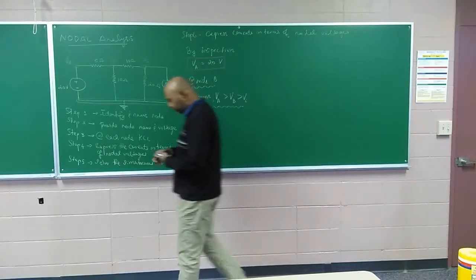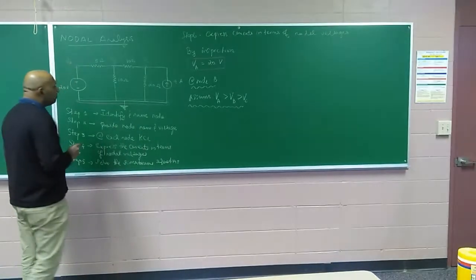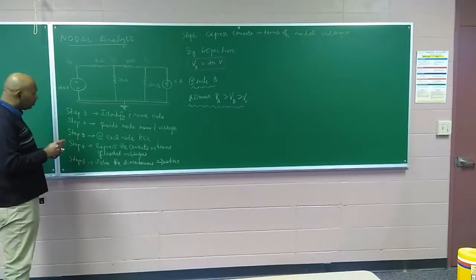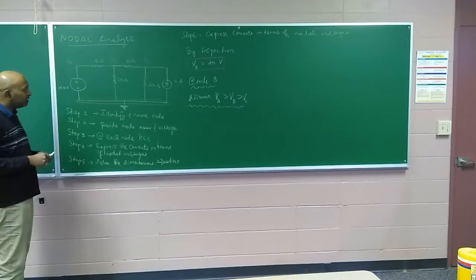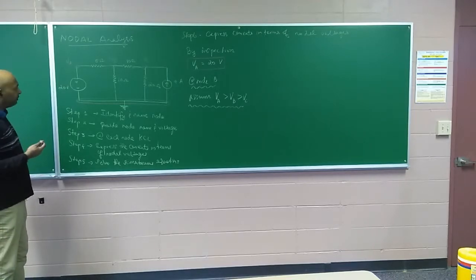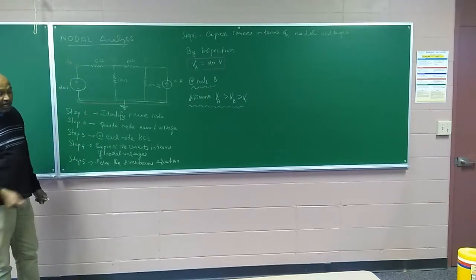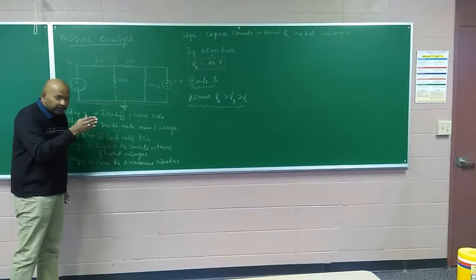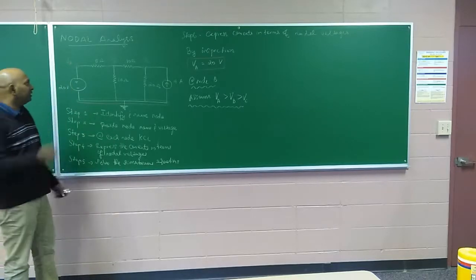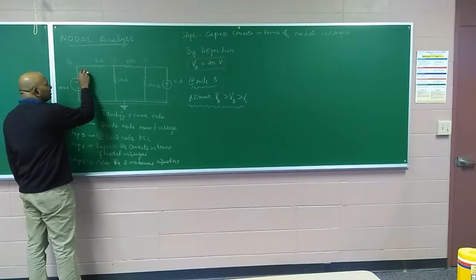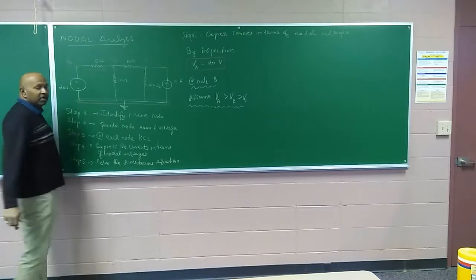Using this assumption, if I go back and look at node B, I can easily figure out that since the node voltage V sub A is higher than V sub B, and current flows from higher potential to lower potential, the current direction should be along that way.